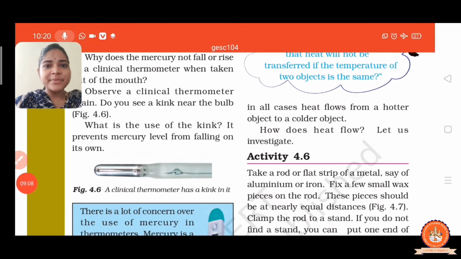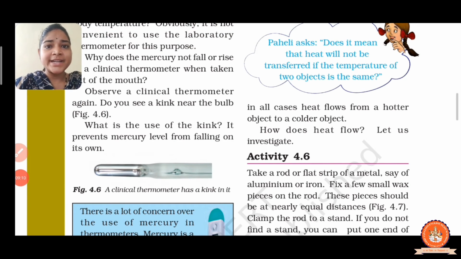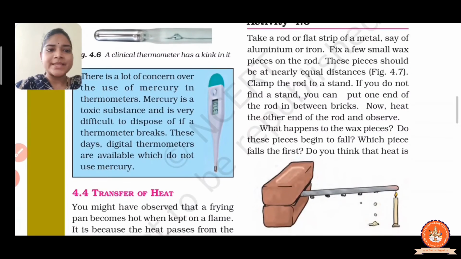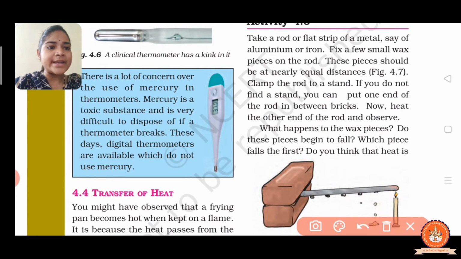So in the experiment, we observe that if the heat is transferred to the metal rod, the wax pieces start melting.